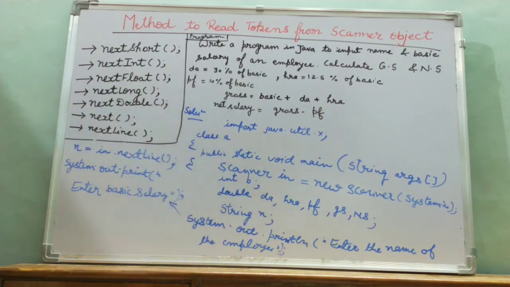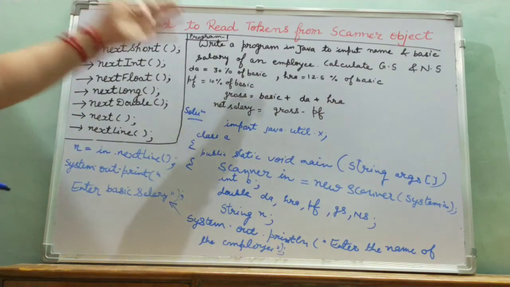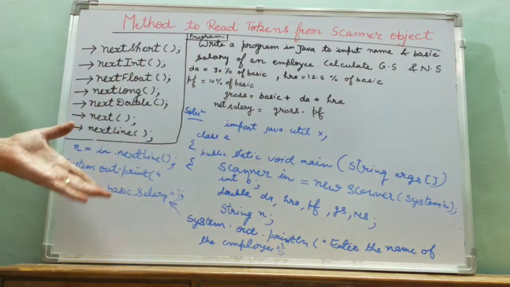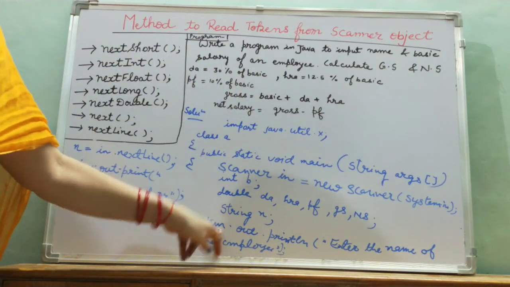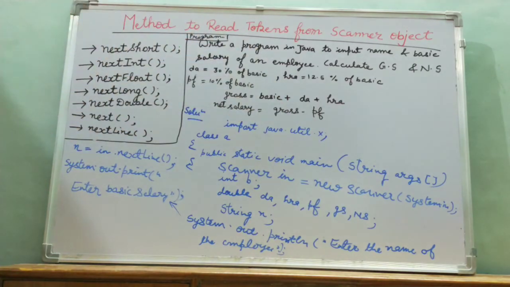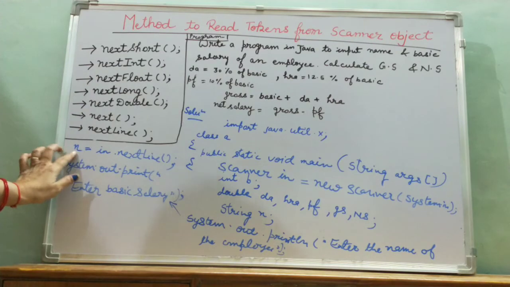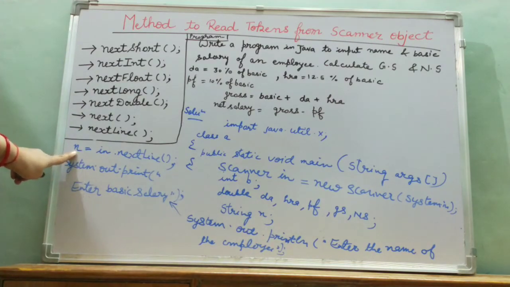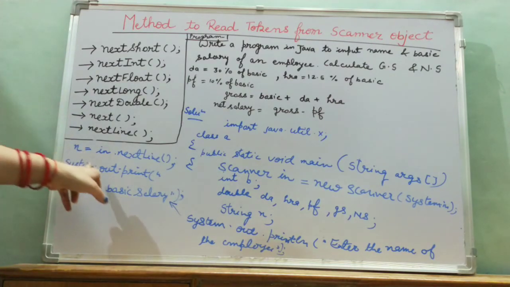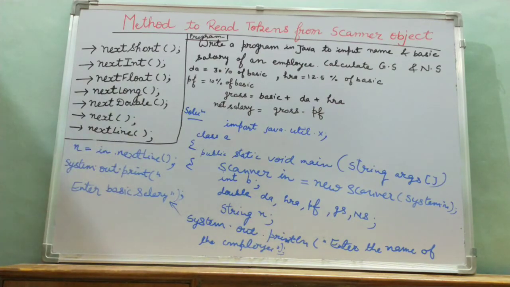When you run the program after compiling, the output screen, like a terminal window, first shows what? The first message is: enter the name of employee. Then you will enter the name, and through this method it will store the name in the N variable. The second message displayed is enter basic salary.